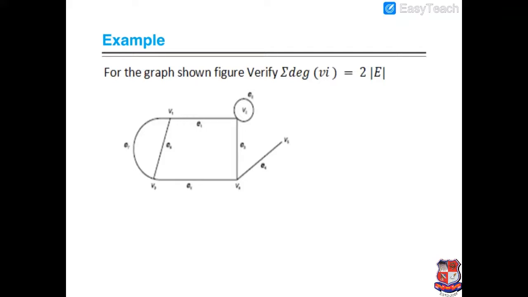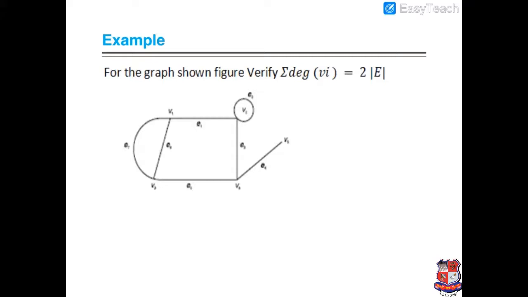Here in this example, using the given graph, we have to prove that the sum of degrees of all the vertices is equal to twice the number of edges in a graph G. So here we need to evaluate the degrees of all the vertices in the graph, then add all these degrees and prove that it is twice the number of edges in graph G. Here the total vertices are V1, V2, V3, V4 and V5.